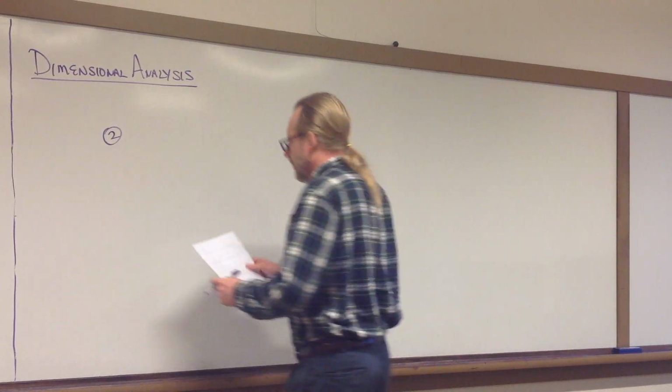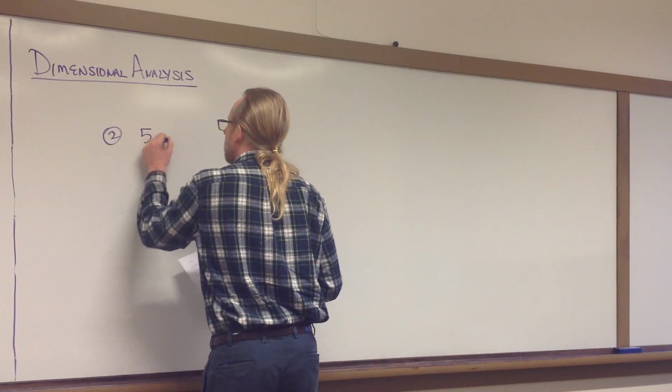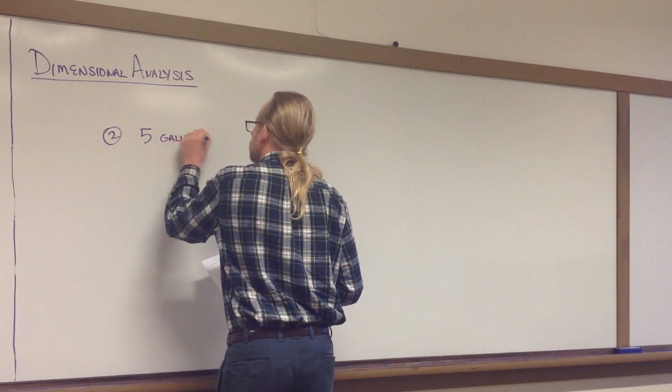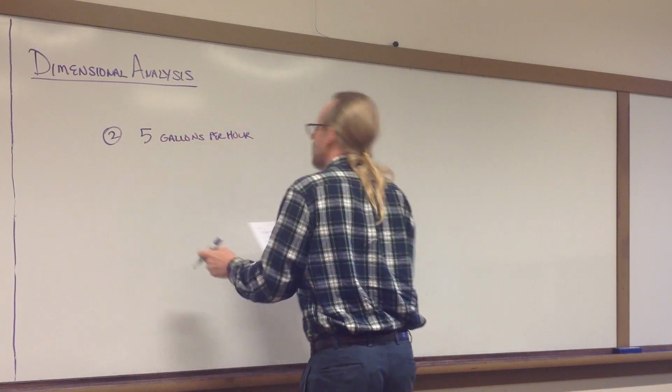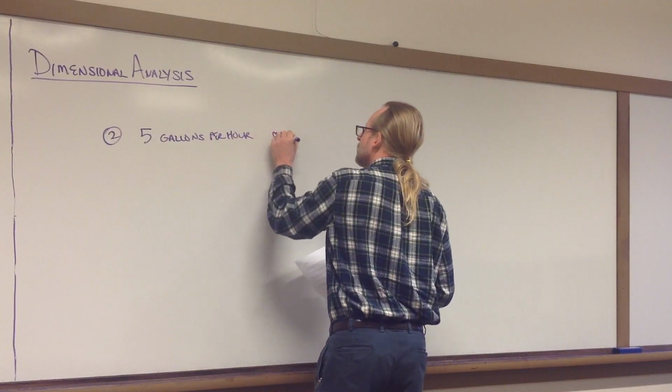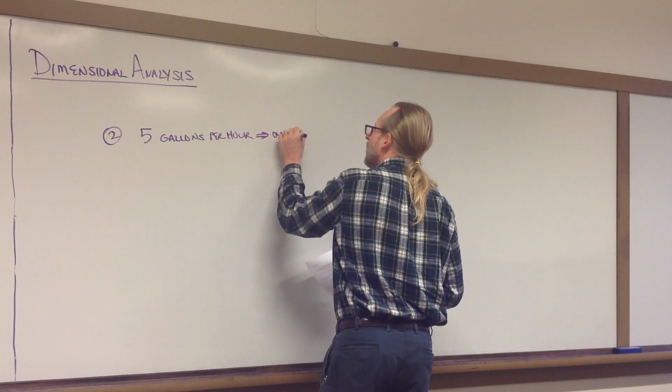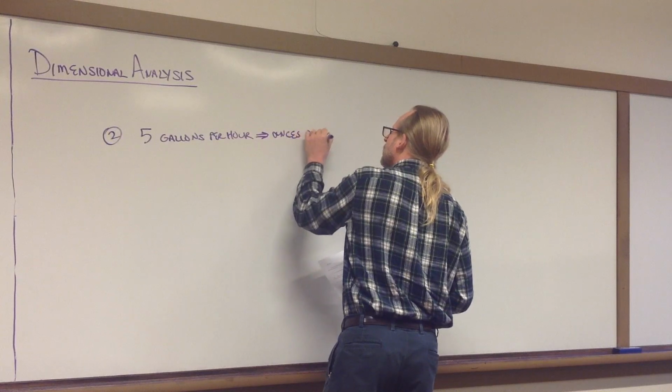So problem 2, we want to convert 5 gallons per hour, and we want to convert that into ounces per minute.